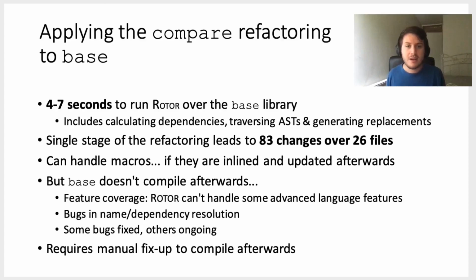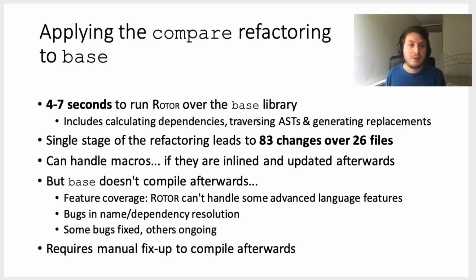As we said earlier, if the ppx compare microcode is inlined, these macros are handled with no issue. However, base still does not compile afterwards because it makes use of some features of the language that are not yet well handled by Rotor, such as some module inclusions and functor applications.